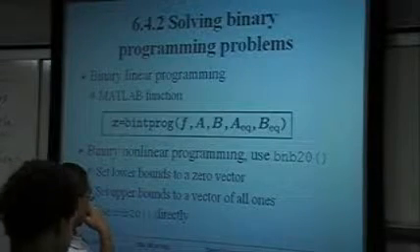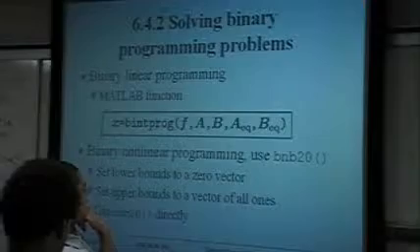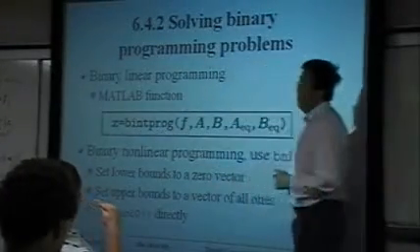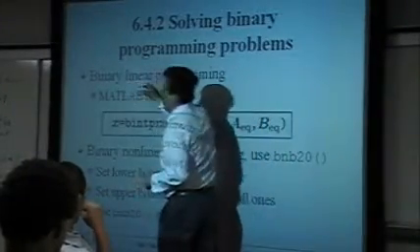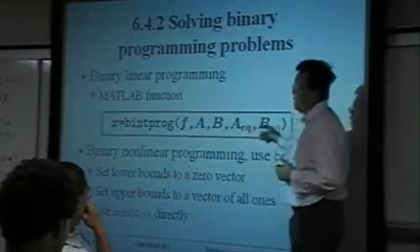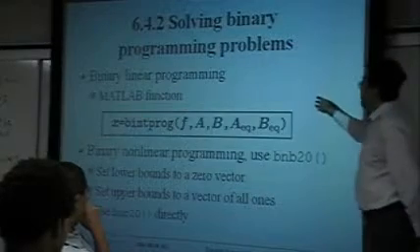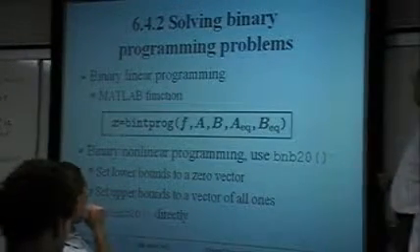So how can we solve this kind of problem? In Matlab, there is a function called bintprog, which can be used to solve only binary linear programming problems, where we have f, A, b, and Aeq and beq. So it is quite restricted. It cannot deal with nonlinear programming problems.